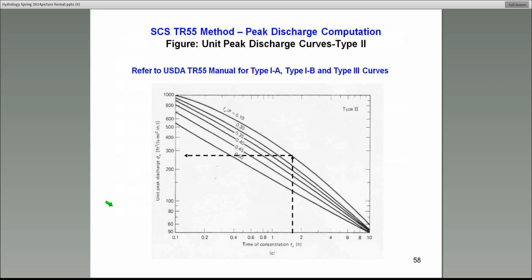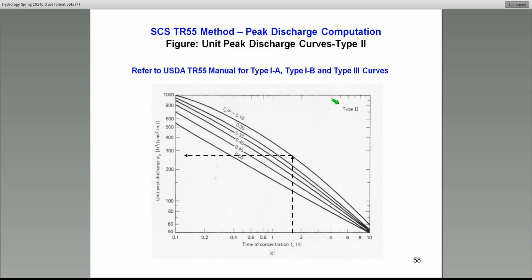Here's the graph for the peak discharge computation in the SCS. Here it's a function of time of concentration. That's what you have to know to use this. By the way, this is called type 2. There are curves for other types, one mainly for the coastal regions. This is generally used for most of the U.S. It covers a major portion of the country.